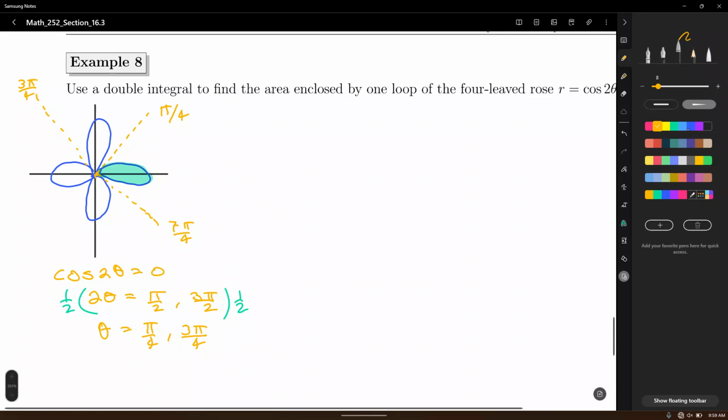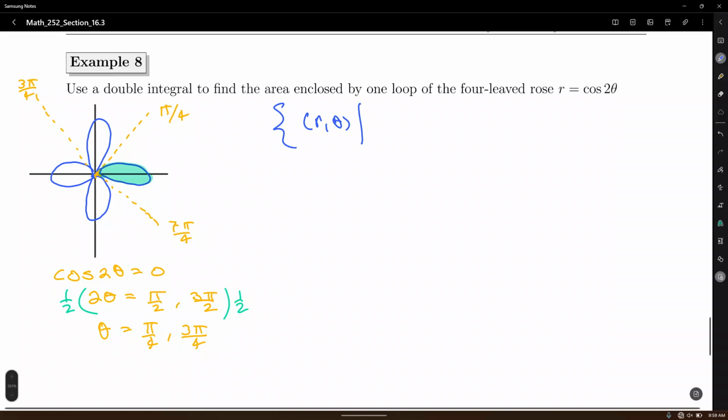So let's write down the domain of integration. Number 1, the set of all ordered pairs (r, theta) for which the radius r varies between 0 and... But in this case, notice the radii are not constant because we're not integrating over a circle. If it were a circle, then it would be 5 units all the time, 7 units all the time, depending on the radius of the circle.